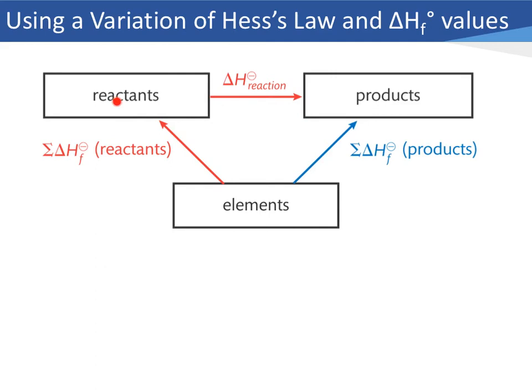All right, if I've got reactants going to products, that is the delta H of reaction. That's the reaction we're interested in. But if I take the elements and make the reactants, or take the elements and make the products, I have 2 different sets of delta H of formations.